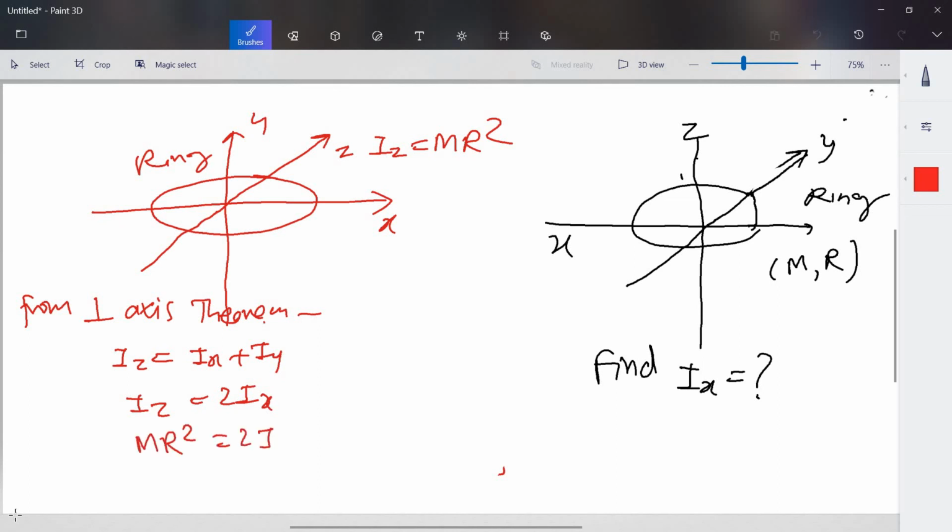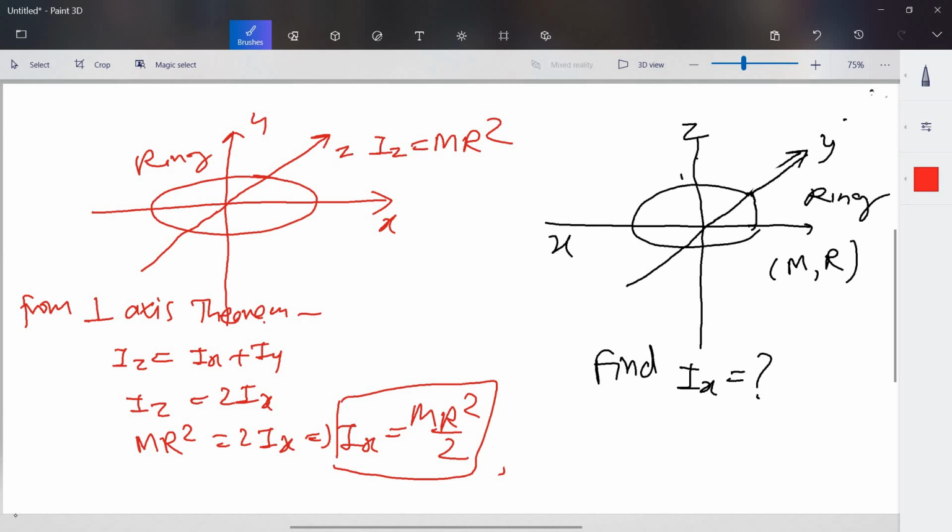So from 2Ix we can find Ix equals mr square upon 2, and this is the moment of inertia for this ring. These questions are very easy. You don't need to panic. So we should know about this perpendicular axis theorem.